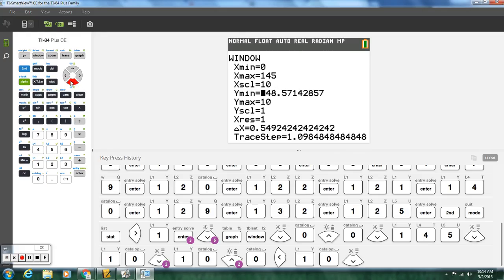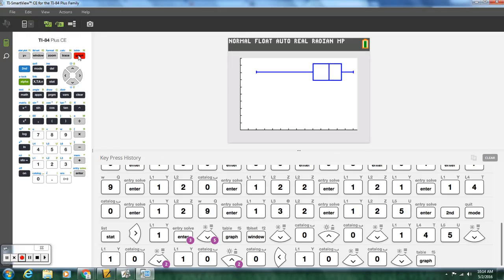Now can you see your data? We can see them. Everybody get to that? I just went from 0 to 10.